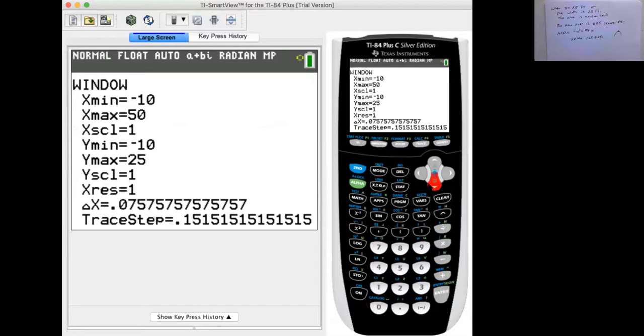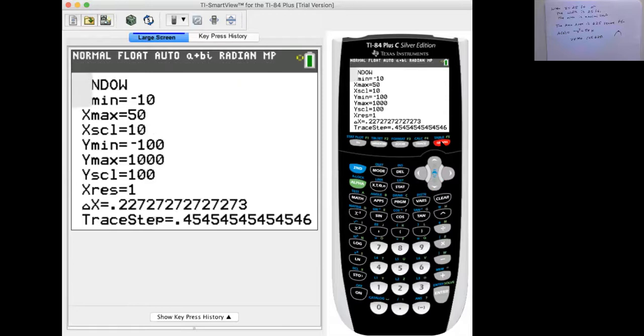I've got to go up to 625. So I don't know, maybe negative 100 on the Y min to maybe 1,000 on Y max. And we'll scale it at 100. And I can probably X scale it at 10. That would be better. So this should give me a decent image.